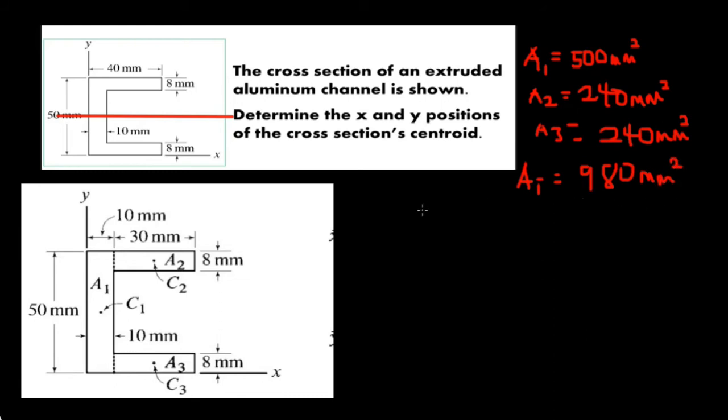Okay, so now that we have the resultant area, let's locate the center of each of these rectangles. You can do that by drawing a line of symmetry through each of the rectangles, and that will help us locate the center.